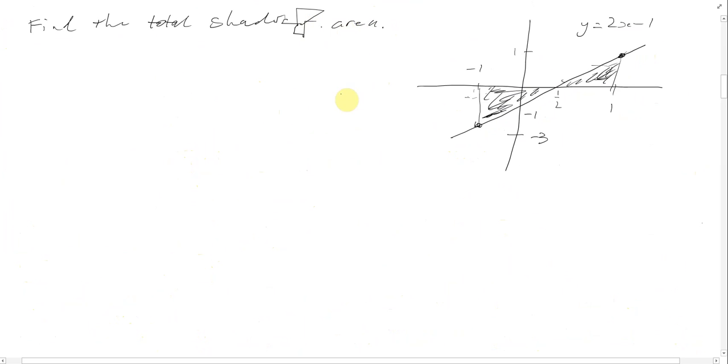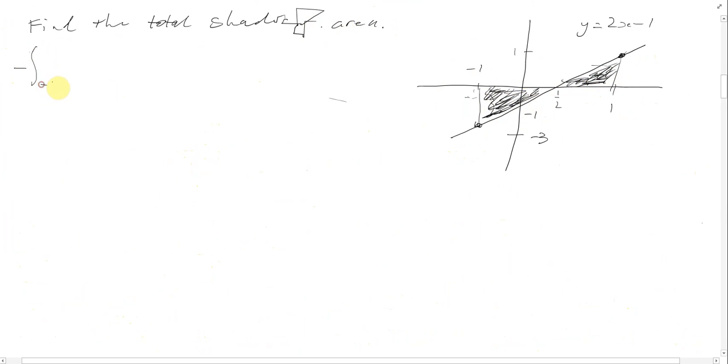Now, the first thing I notice is that this bit here is underneath the line, so it's going to be negative, whereas this bit here is going to be positive. So let me write out my full question, and I'll do it right to left. So first, this negative bit, this first negative area, I need to put in a negative sign so that I get back a positive area.